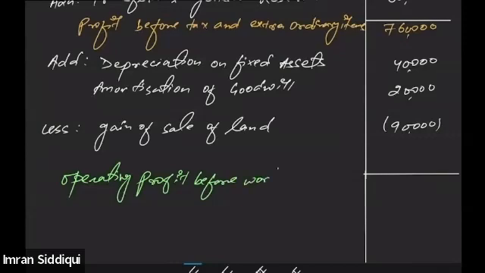Before working capital changes, or before the change in working capital. So that will be 760 plus 40, which is 8 lakh 20 thousand, minus 90,000.